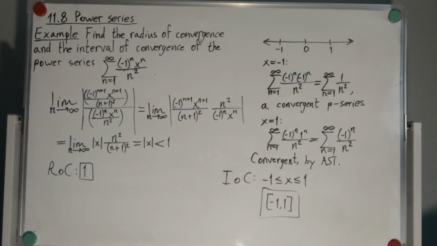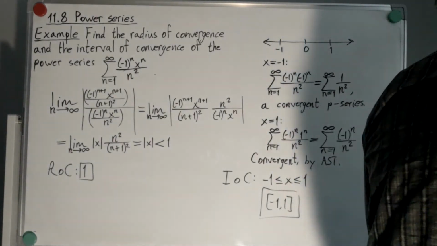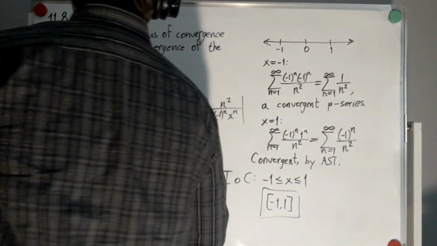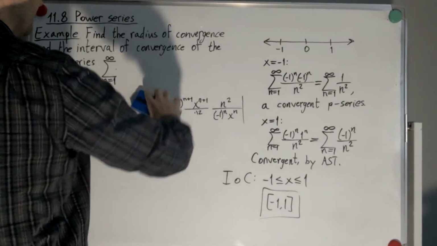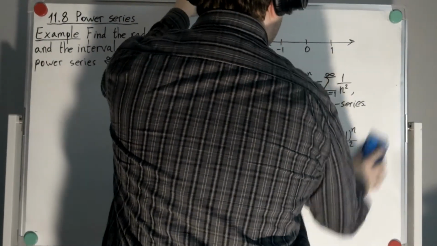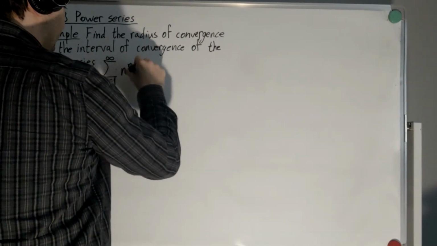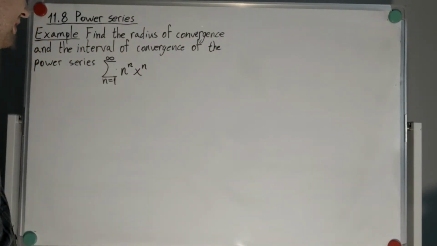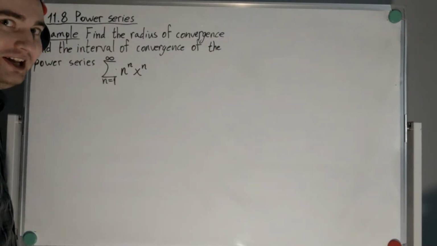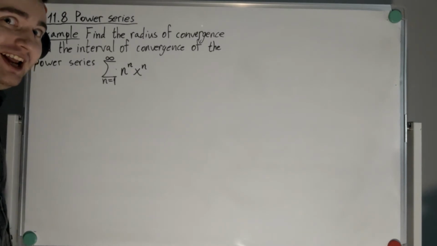Okay. Next up, we have the sum of n^n times x^n from n equals 1 to infinity. So, if you guessed ratio test, this is the one time today that you were wrong.